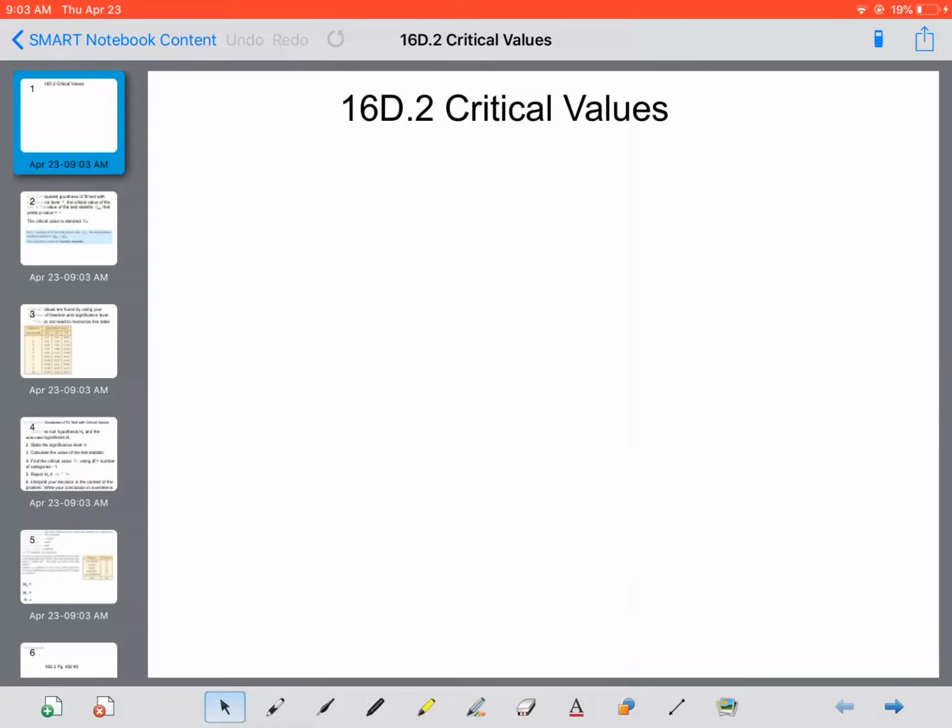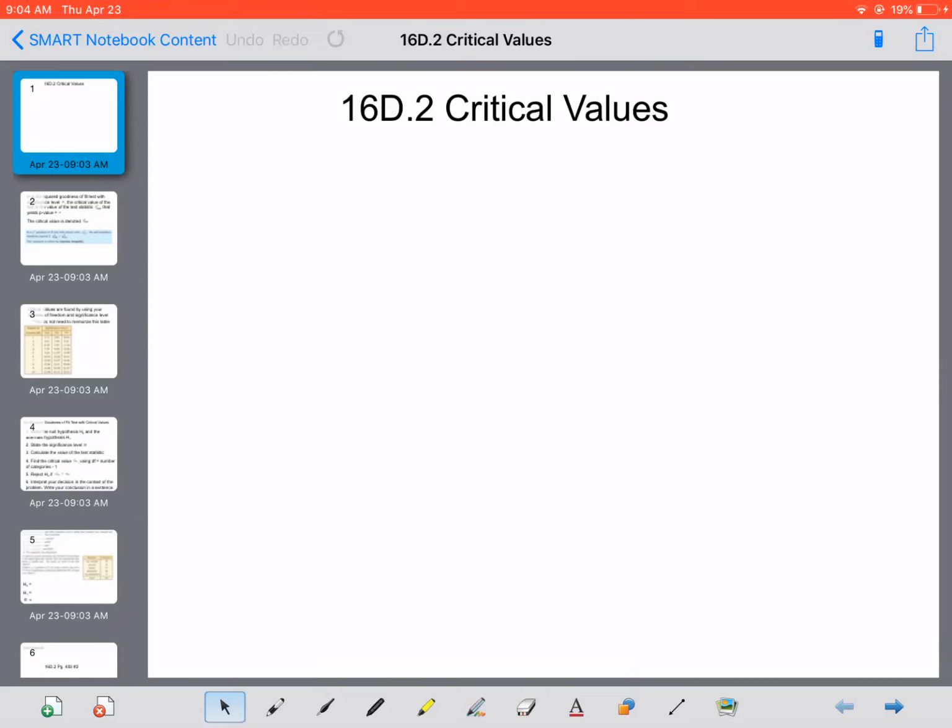Okay, so another way for us to run the chi-squared goodness of fit test is to use what we call critical values. If you have a critical value, which you will always be either given a table and you can find it, or the problem will just tell you what the critical value is.